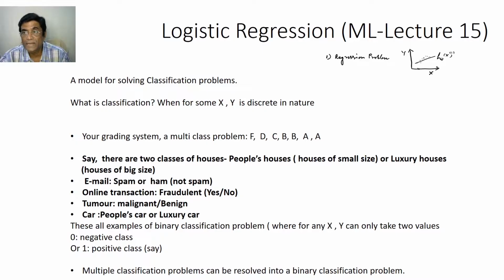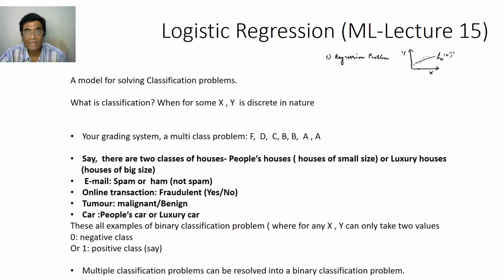Taking the example of housing price, if x is the floor area, the feature, then for each x value we have a price of the house. So y space is continuous.